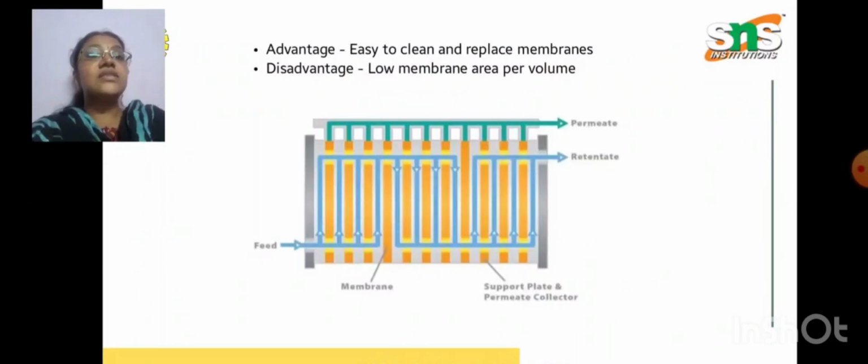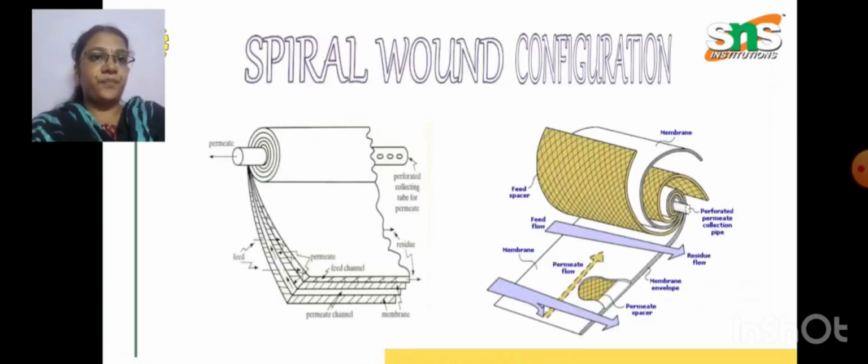This picture represents the plate and frame module, where the membrane is placed and the support plate and the permeate collector are separated. The blue color indicates the feed, and on the top we get the permeate and the retentate at the right corner. The main advantage is that it is very easy to clean and replace the membranes if they are damaged or affected by corrosive content. The main disadvantage is low membrane area per volume.